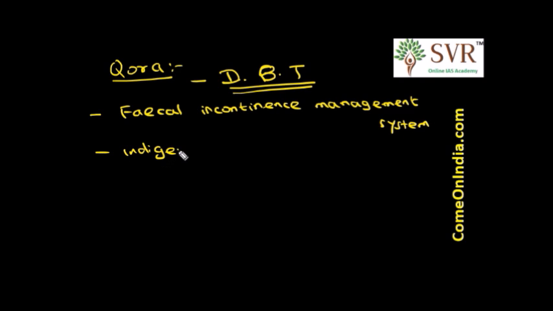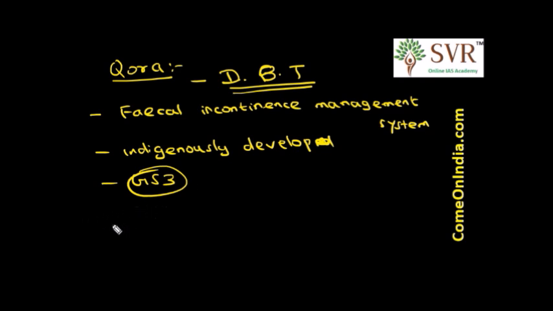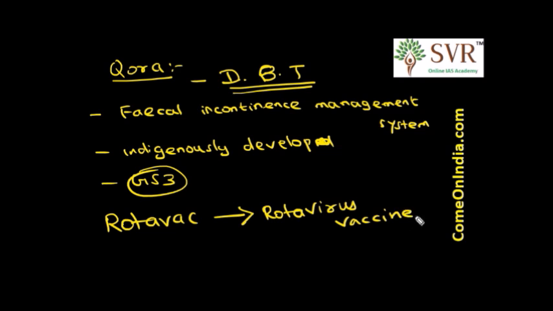You can quote in GS paper 3 as it is one of the achievements of India in the field of health sector because it is indigenously developed, like Rotavac. Rotavac is a vaccine that is indigenously developed by India which acts against rotavirus infection.